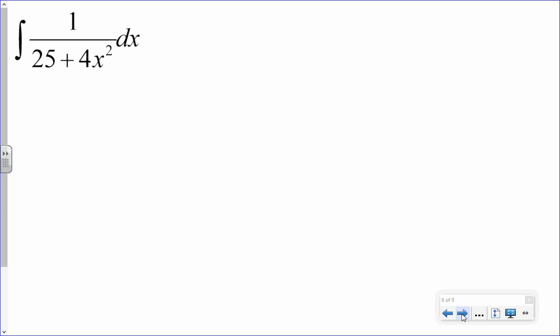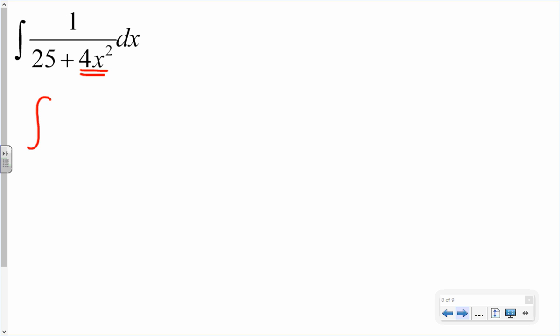Okay, this looks very similar to what we had on that first page, but it's a little different. What pattern is it following though? Our tangent. Now, what I want to reiterate is if you have something that isn't just x squared, you're going to have to use some u substitution, okay?